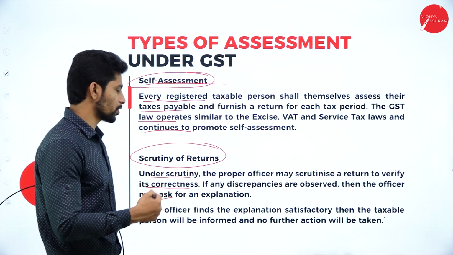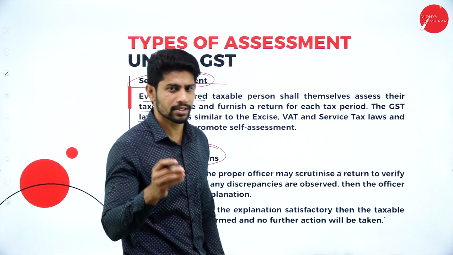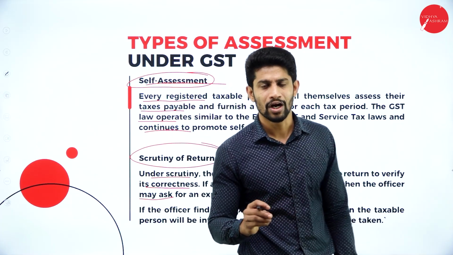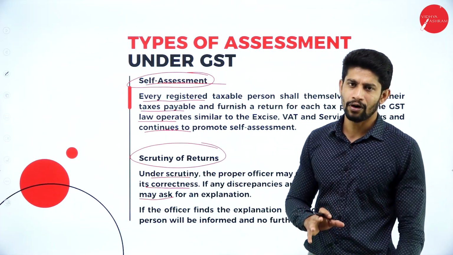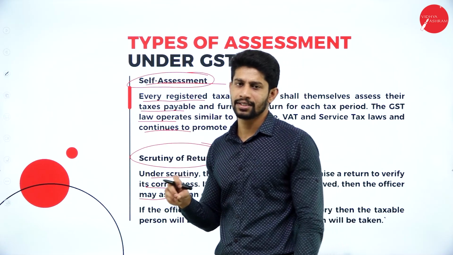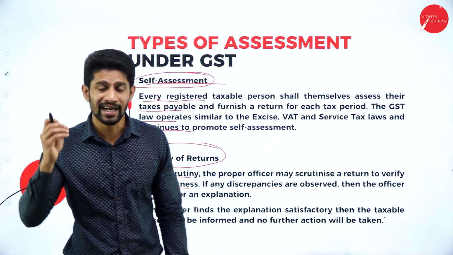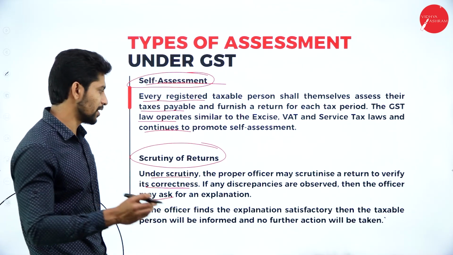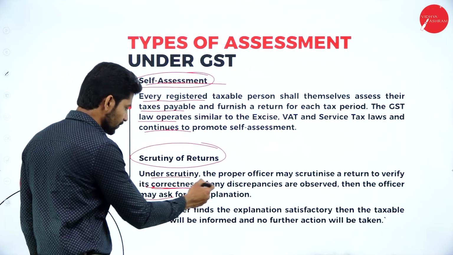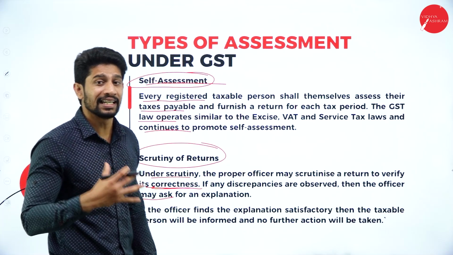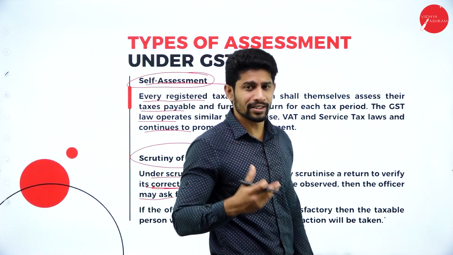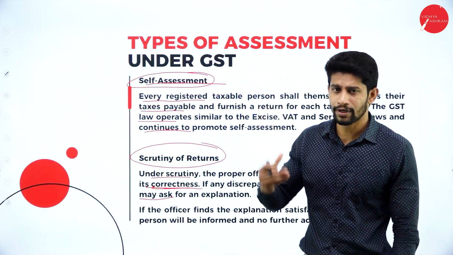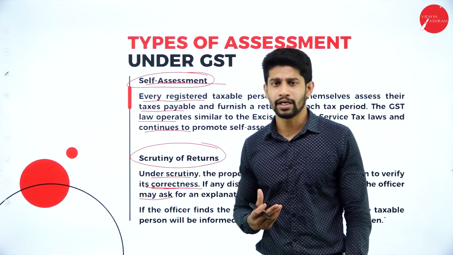So here under scrutiny of returns, a particular GST officer will be appointed to take care of all the returns which are filed by the assessee or by the business entity, and that officer will be scrutinizing all the details about their correctness. He'll check whether all the forms are filled and submitted properly or not.